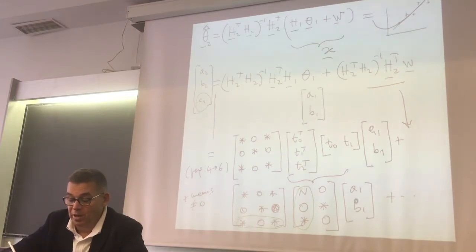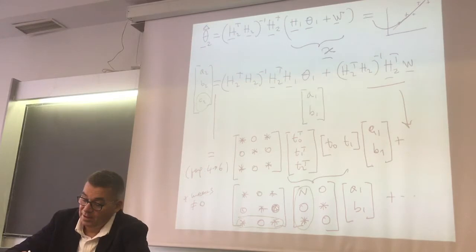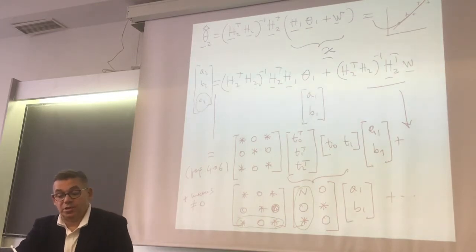It depends on A1 and B1. If I write it this way, n A1 plus B1 is 0, then it is B1 dependence, then it is A1 dependence, so I have a different mixture of terms.